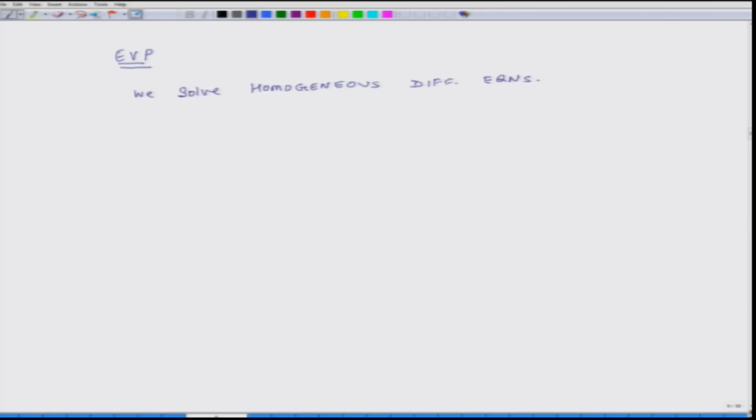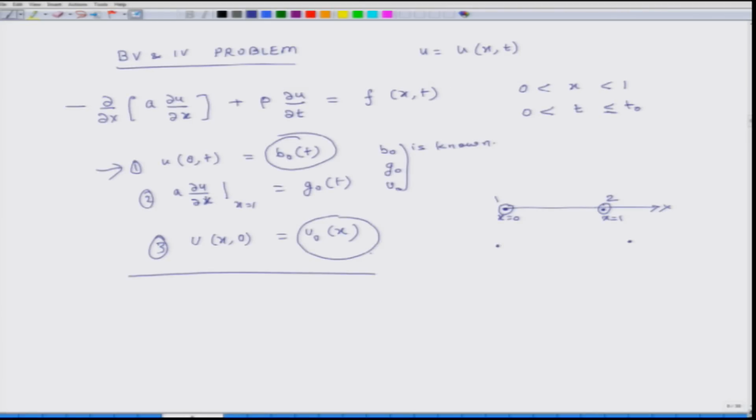So, what is a homogeneous differential equation? For instance, d over dx of a du over dx, minus lambda u is equal to 0. First let us look at this equation. This is a non-homogeneous equation.